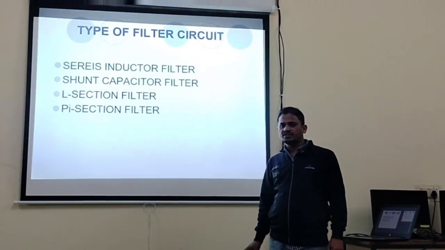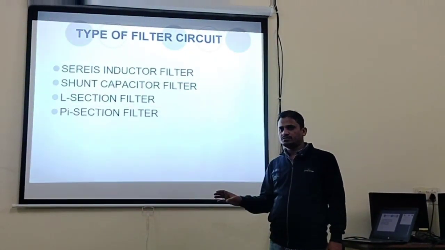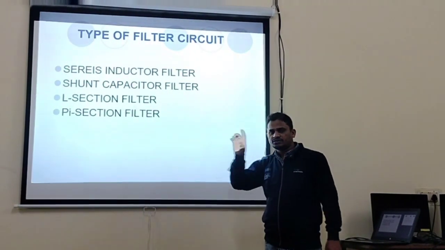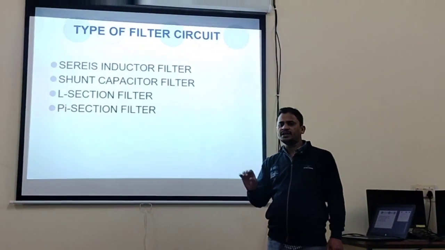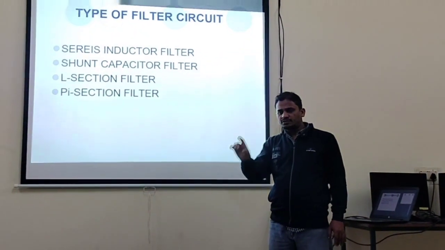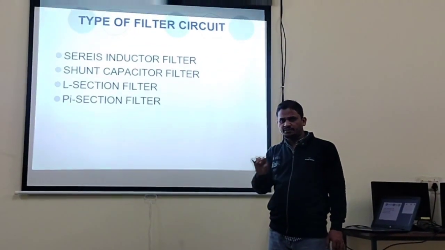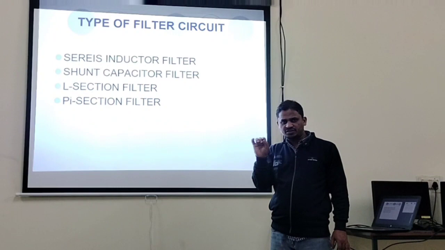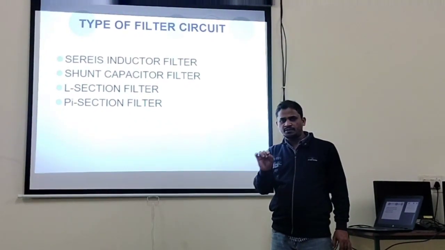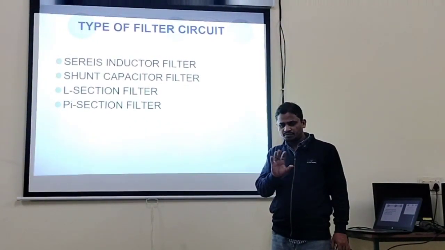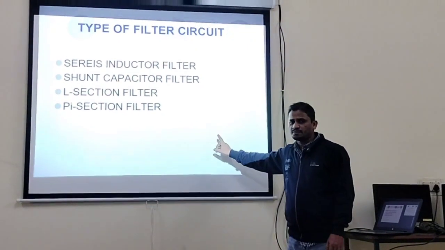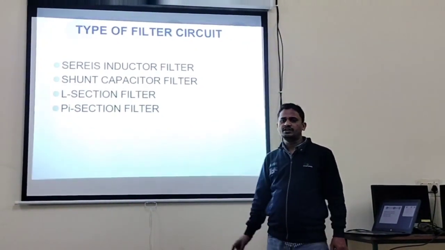Basically, the filter filters the ripple. At the output of the rectifier circuit, some leakage amount of AC is present as ripple.